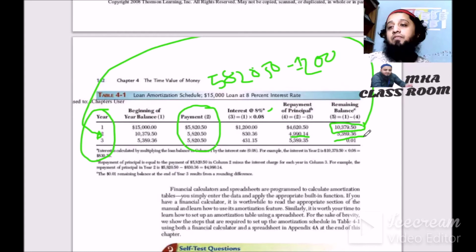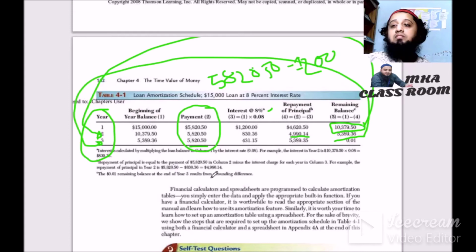5,389.36, and we have to pay 5,820.50. Then the interest is this amount, 5,389.36, times 0.08, and it is subtracted from the payment.